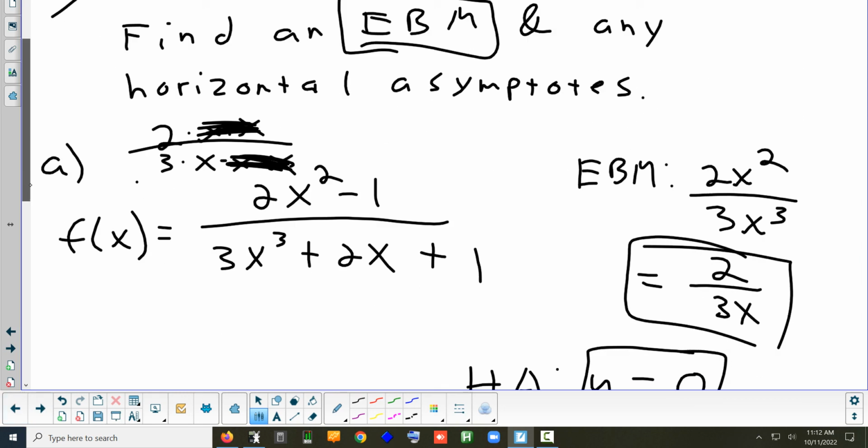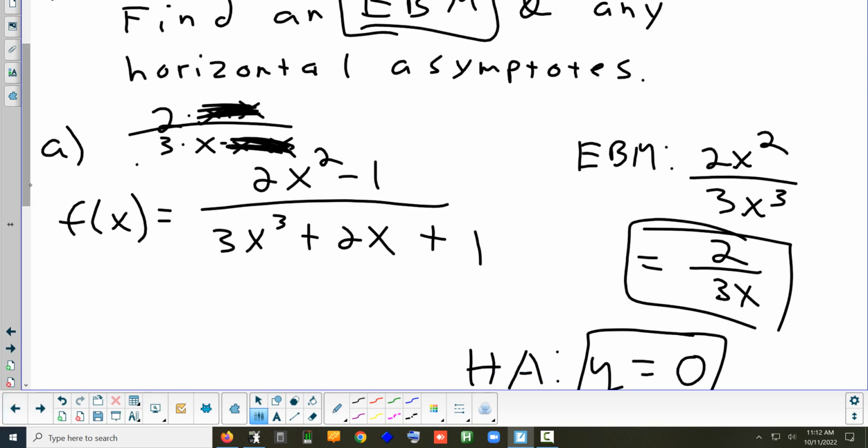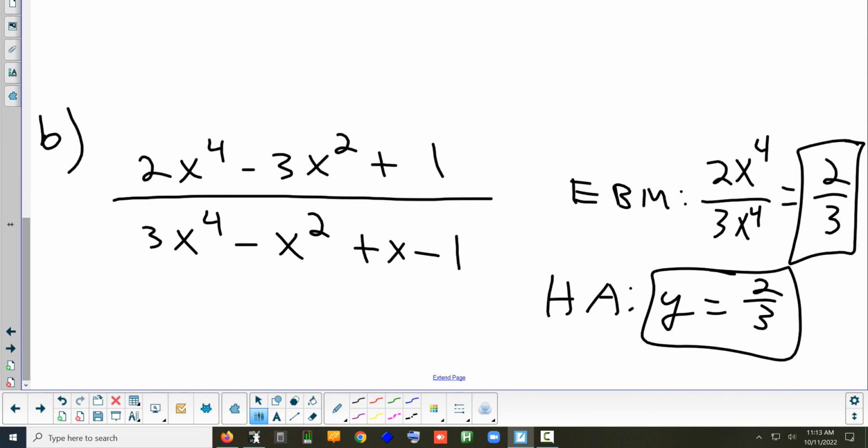So, a problem like this, where the degree of the numerator is less than, yep, we'll do one like that today. Where they're equal, yes, we'll do one like that as well. When the top is bigger than the bottom, we're going to save that for tomorrow.